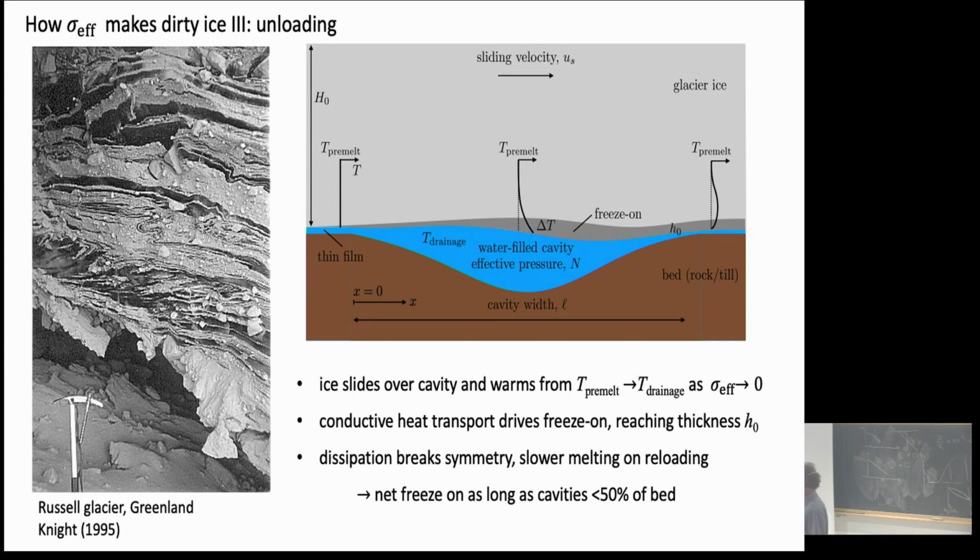There's yet a third mechanism, which is the last mechanism I wanted to mention, and I think is the important one for describing processes like that led to these kinds of dirt bands, and possibly the dirt bands that you saw in my opening slide. And that, again, involves the fact that you're sliding from regions that are in close contact to regions that are cavities, and so the water pressure and the ice pressure have to be equal in those regions.